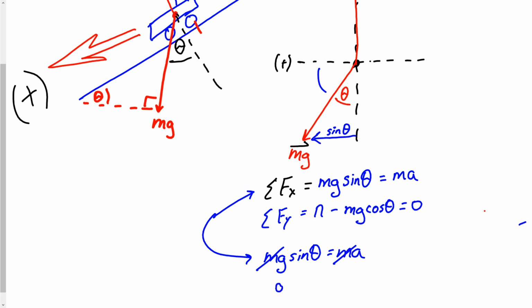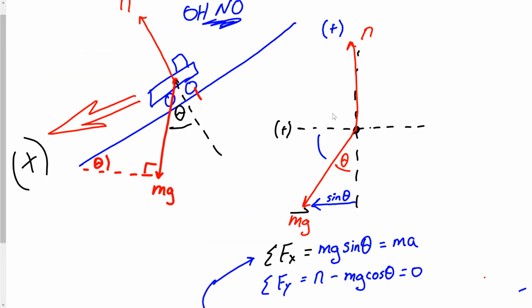And so what we realize is that for an object sliding down a hill, its acceleration is just g times the sine of the angle. So we could do 9.8 times sine of 30, so we'd have an acceleration of 4.9 meters per second squared. But you are going to see this scenario quite a bit.